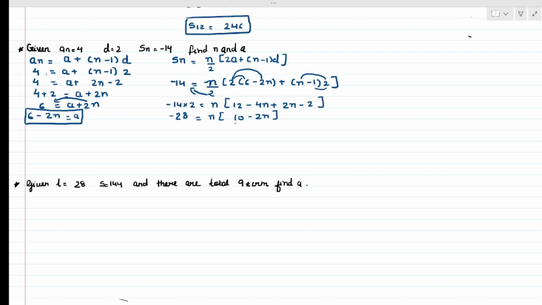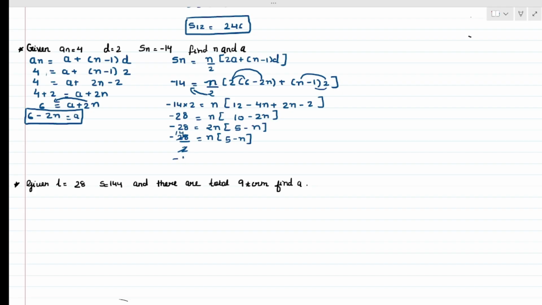What is common in this? I got my 2 as common. So can I take it out? Yes, for sure. Take 2 common. So I am taking out my 2 common. 2 fives are 10 minus n. Now this 2 is in multiplication, so it goes down. That means minus 28 upon 2 is equal to n times (5 minus n). 2 ones are 2 and 2 fourteens are 28.